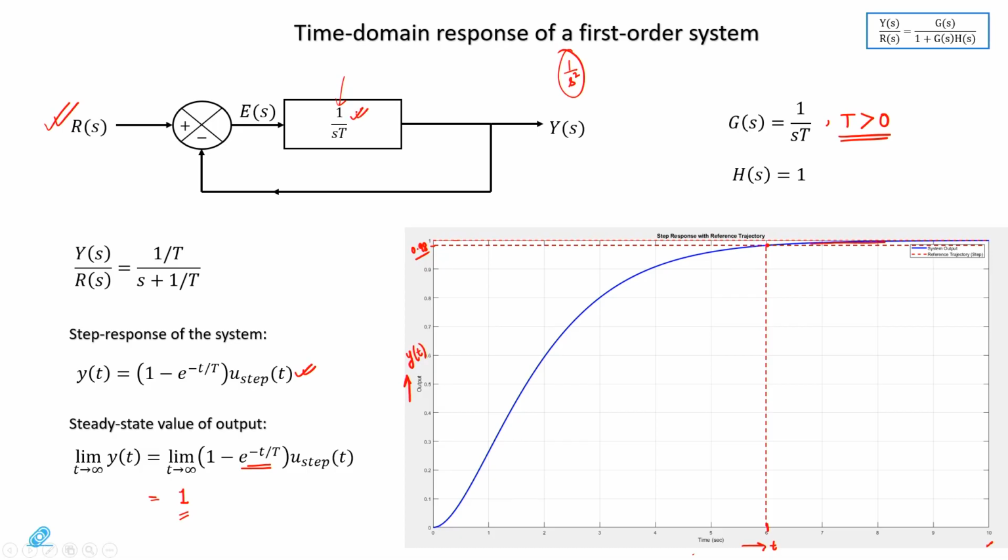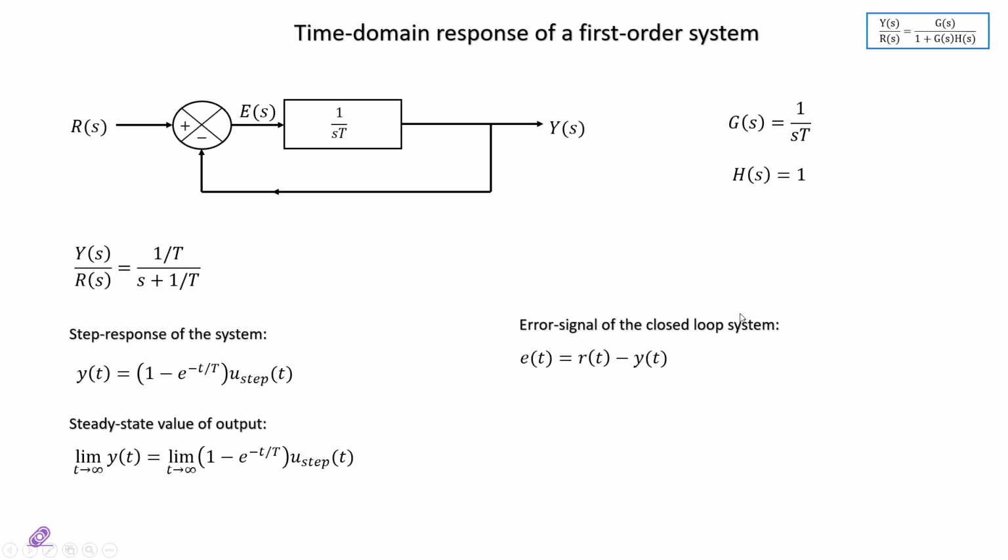If this was a quadrotor, it is not 1 by st, it is 1 by s square. So it doesn't fit in directly. But suppose you had a first order system and you had to reach some point, we can always say what is the tolerance that you can keep. Okay. So now what we will see is what is the error, how is the error behaving.